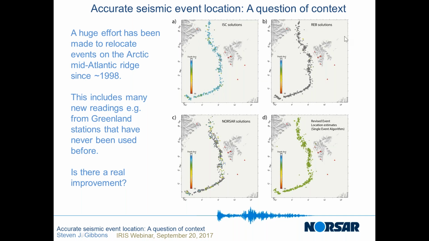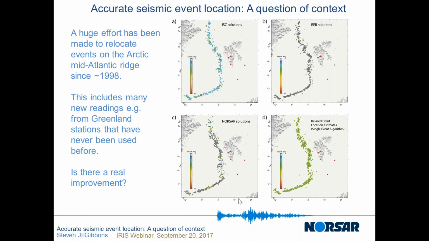On the second one is the reviewed event bulletin of the CTBTO. So this is different in that it only consists of phase readings from IMS seismic stations, and there are other provisos attached to whether an event is included in this list.